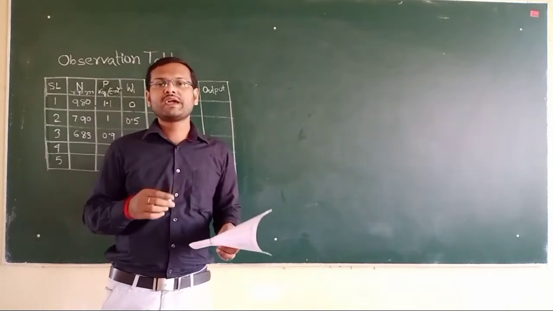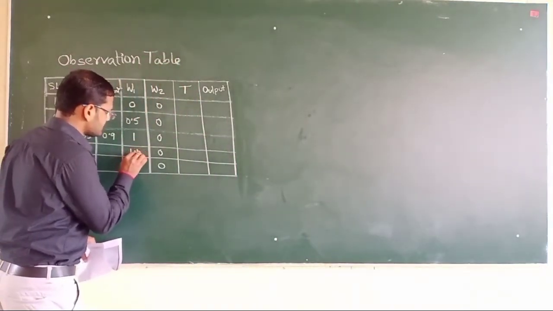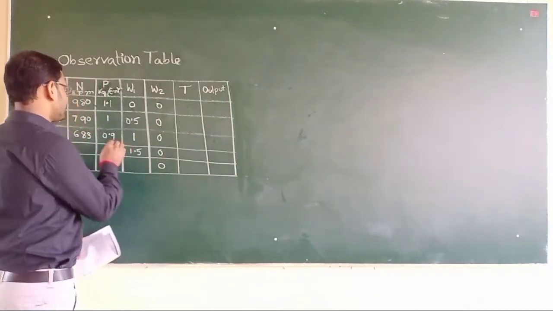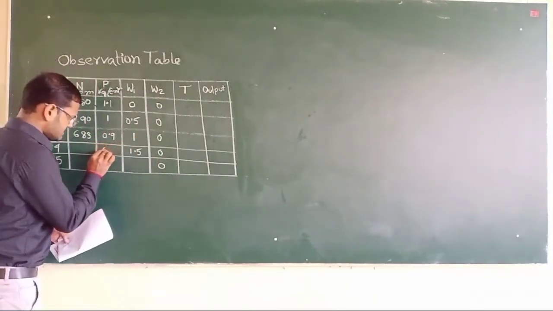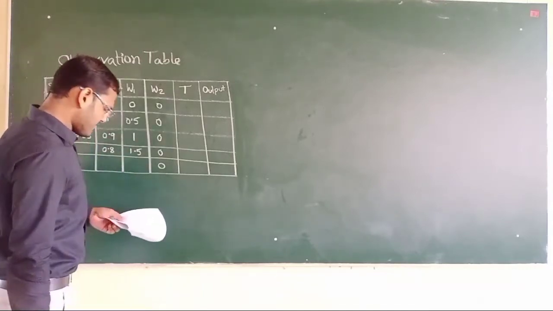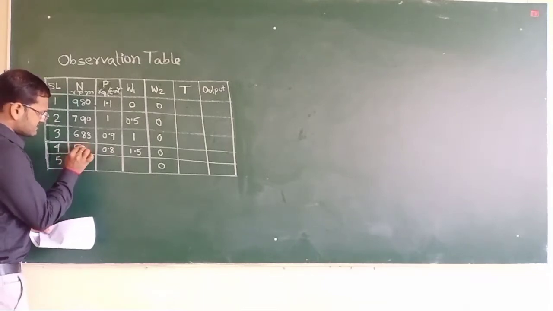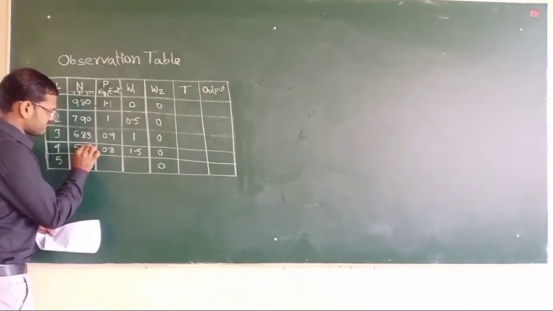After that again we give load 1.5 kg. Then we got the pressure gauge reading 0.8 and the RPM was 575.